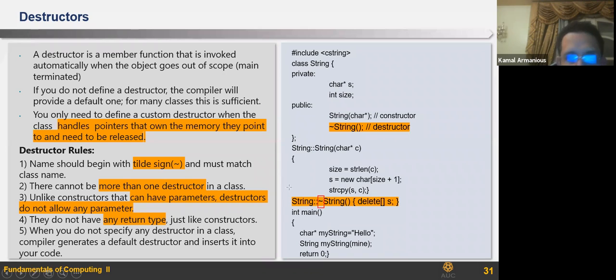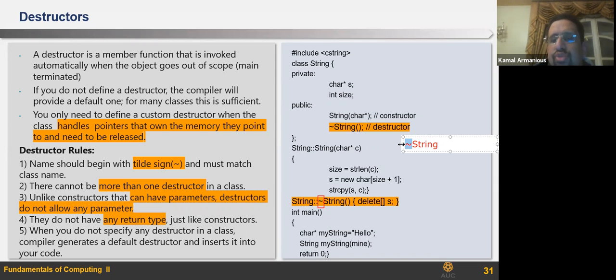There is this symbol. It is the same name as the class. So if the class is string, then the destructor is named string, but with this small symbol in front.